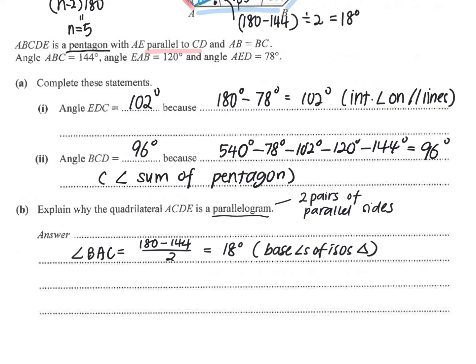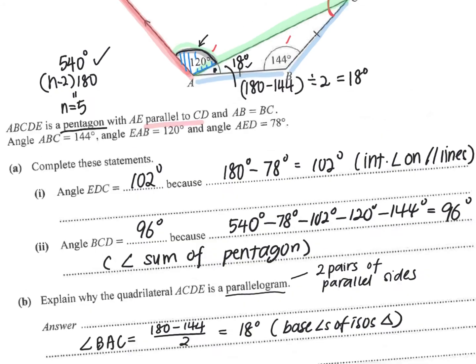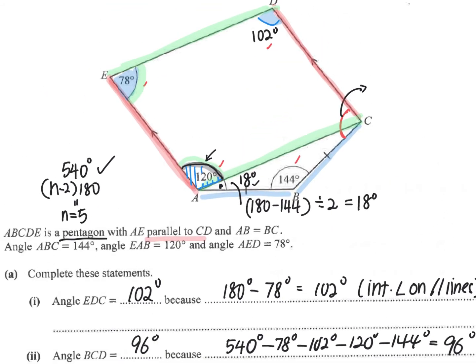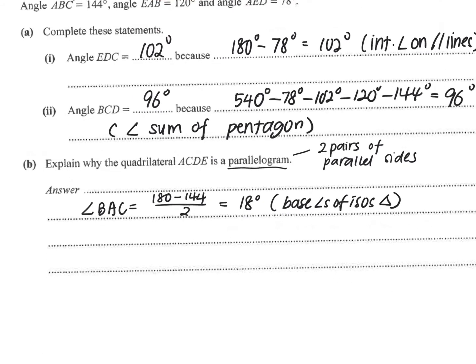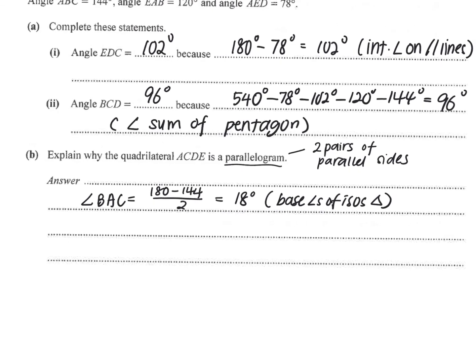Now I know that this is true. Then we shall find angle EAC over here. So the next one, we will have angle EAC to be 120 subtract 18. I'll get 102 degrees.